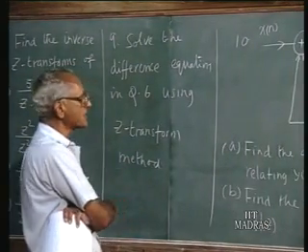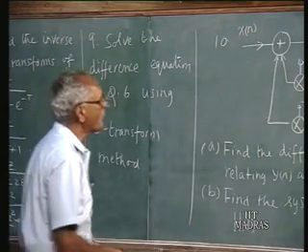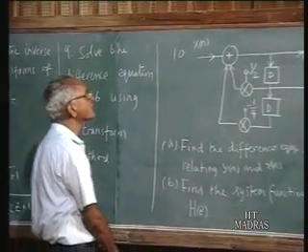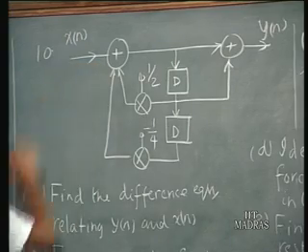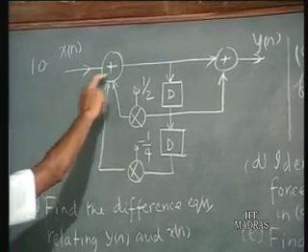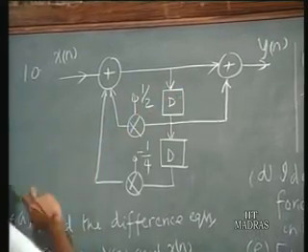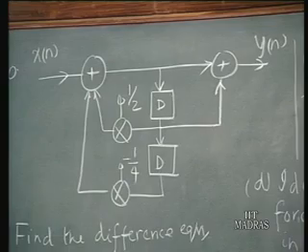The last question in this exercise, you are given a discrete time system modeled as in this diagram. You have x[n] fed as one input to an adder. These are the other two inputs, and that goes out to another adder with an additional input that forms the y[n], the output sample.